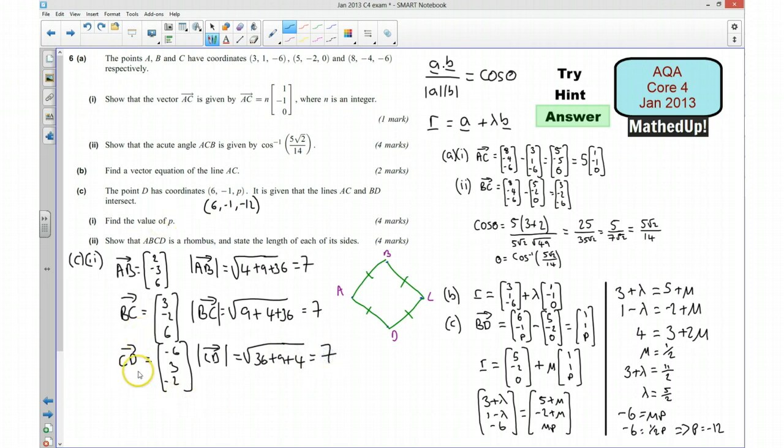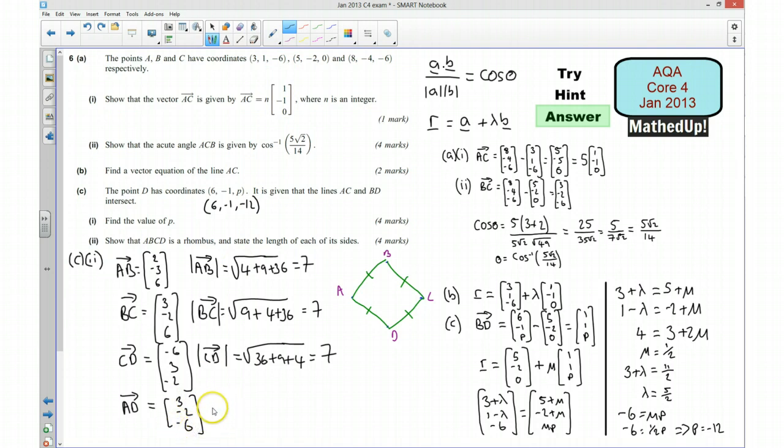And then finally we've got DA or AD, it doesn't matter which direction. I'll do AD, and that's going to be D take away A this time: 6 take away 3, which is 3; negative 1 take away 1, which is negative 2; and negative 12 take away negative 6, which is negative 6.